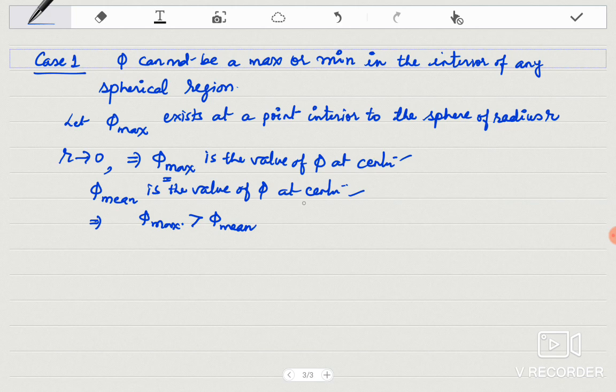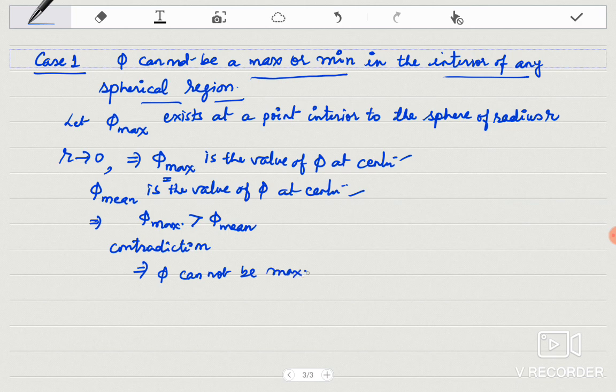So you get a contradiction, which is not true. And this implies that φ cannot be maximum in the interior of any spherical region.